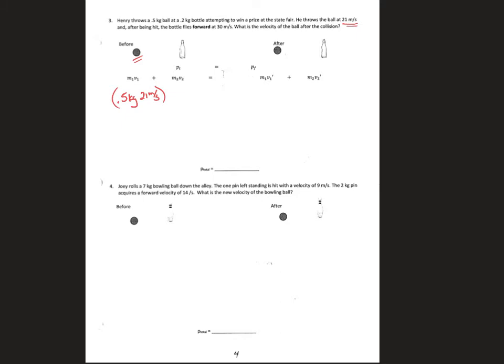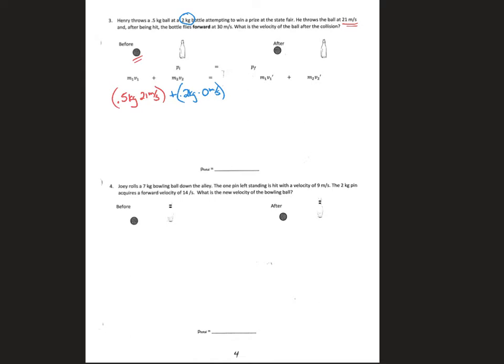That's maybe not a baseball player's pitch, but it's still pretty strong. The bottle is quite light, much smaller, 0.2 kilograms, and it's at rest. It doesn't say that, but if you've ever seen this carnival or fair challenge, the bottles are sitting there at rest, and you're trying to knock them over.